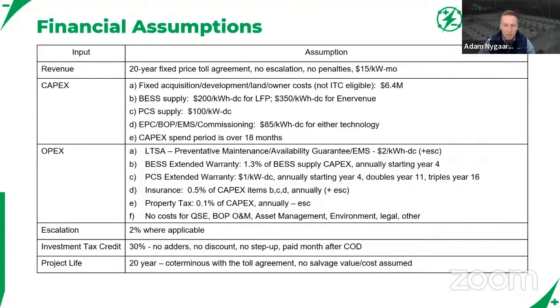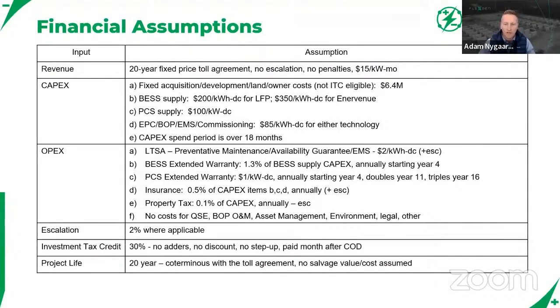For CapEx, we're assuming some fixed acquisition, development, land, and owner costs. We would say that these are not ITC eligible. Again, don't take any of this necessarily to the bank. This is for illustrative purposes, but we've assumed a $6.4 million number there. Then breaking down the equipment and EPC costs, we broke them into just 3 categories: BESS supply, inverter or PCS supply, and then EPC, balance of plant, EMS, and commissioning lumped together.